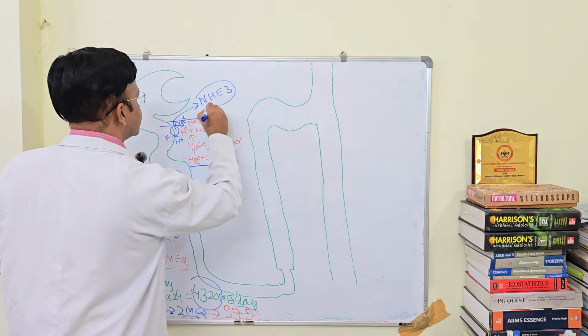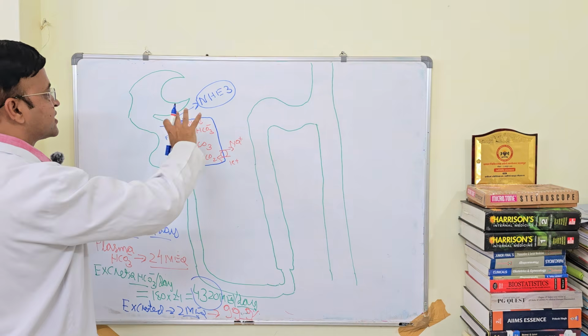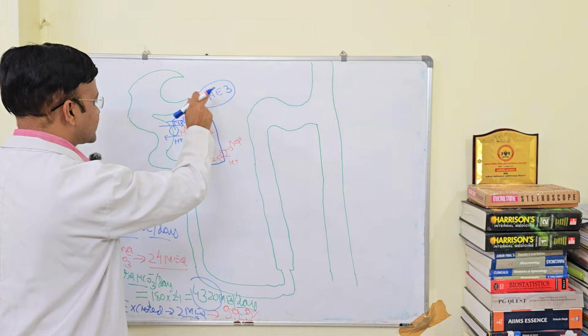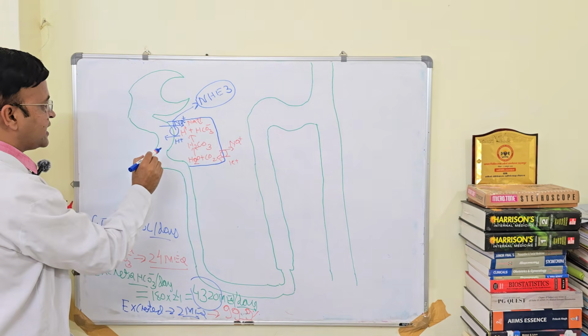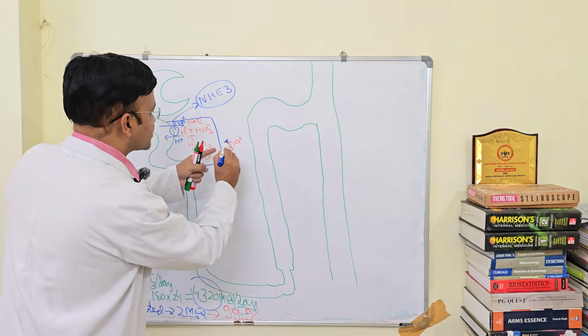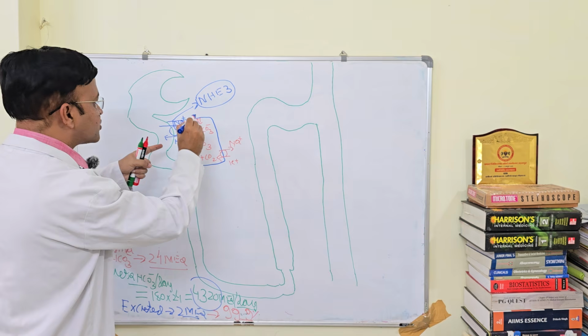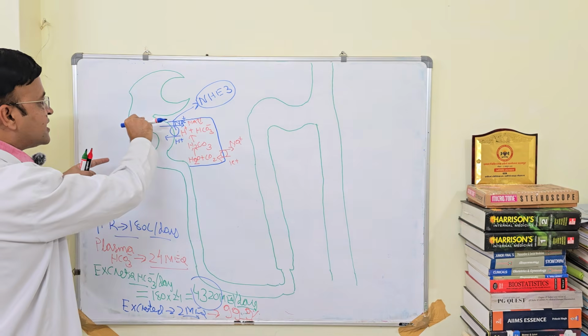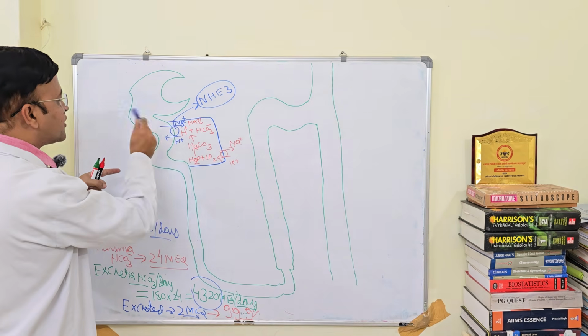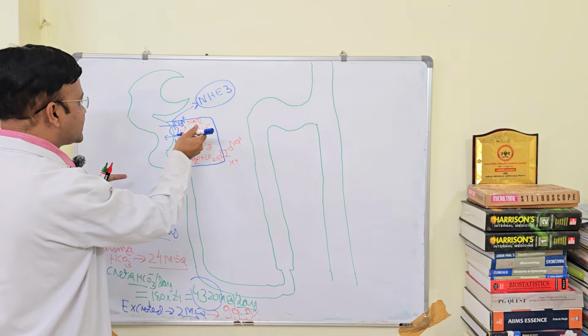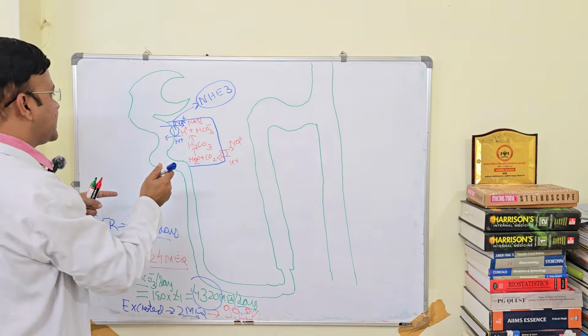We will understand its medical importance later, but at this point you need to know that since the sodium potassium ATPase pump has pumped the sodium outside, this has reduced the sodium inside the cell, and this gradient is being used by this sodium hydrogen exchanger. So this H plus will come out.